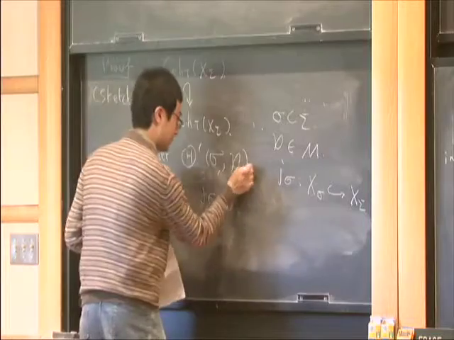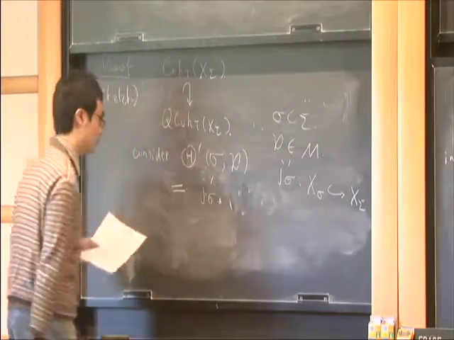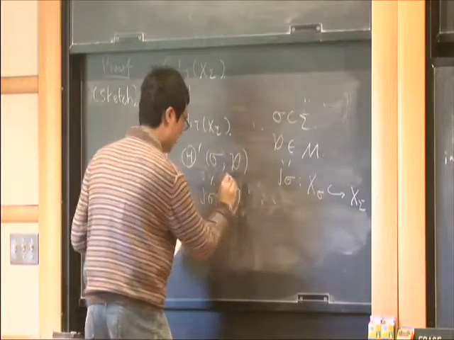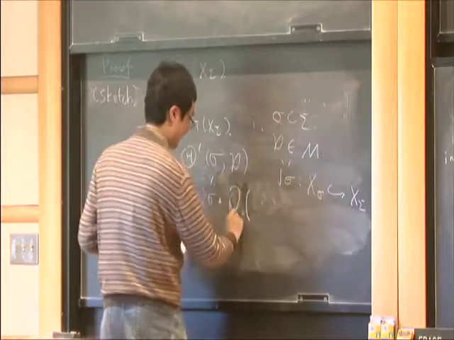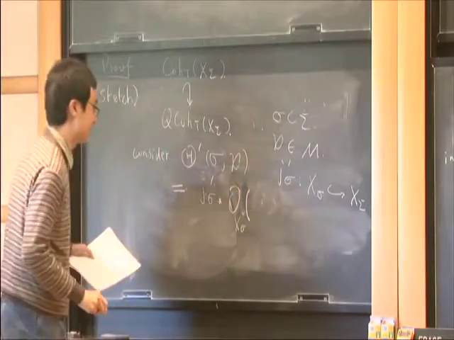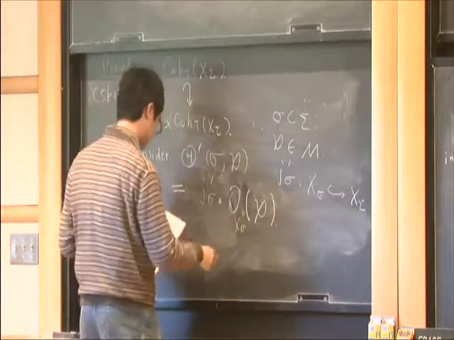So this is j sigma. We have this theta prime here: j sigma prime, the push forward of the structure sheaf on this X sigma, but with some equivariant structure chi.